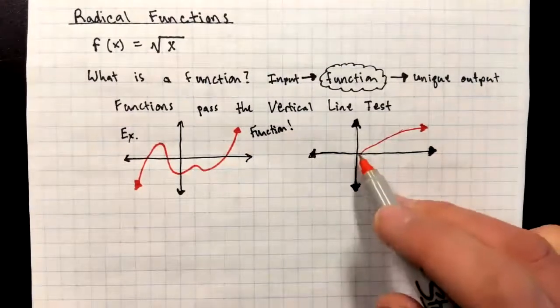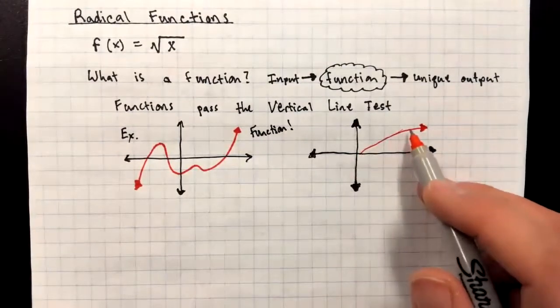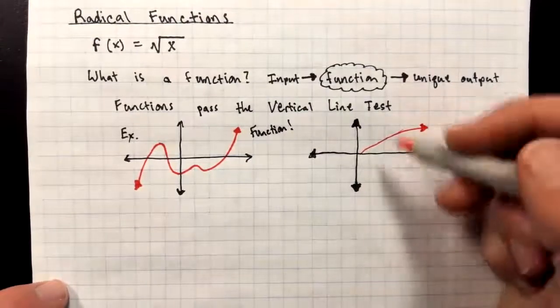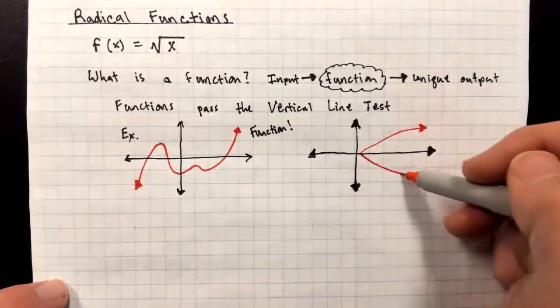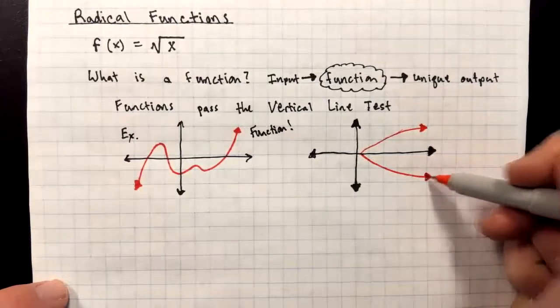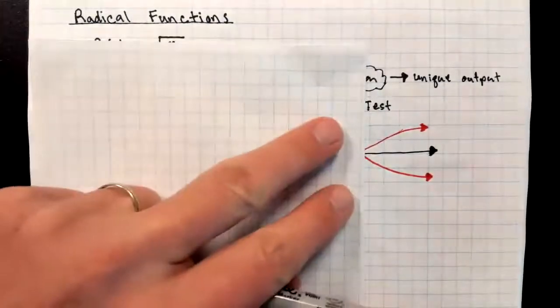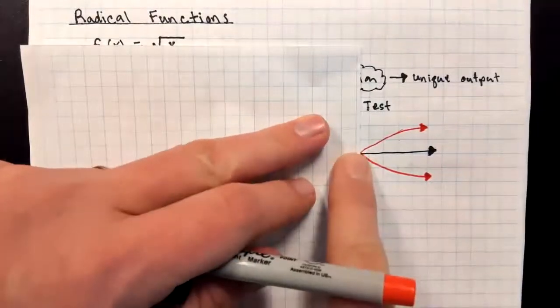Would that be a function? Absolutely. But hey, what if I go like this? Absolutely not. This one is not a function. How do we know? Like right here, it's okay. I'm only intersecting at one spot.